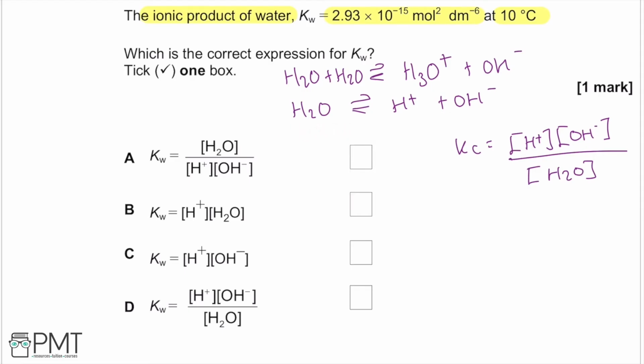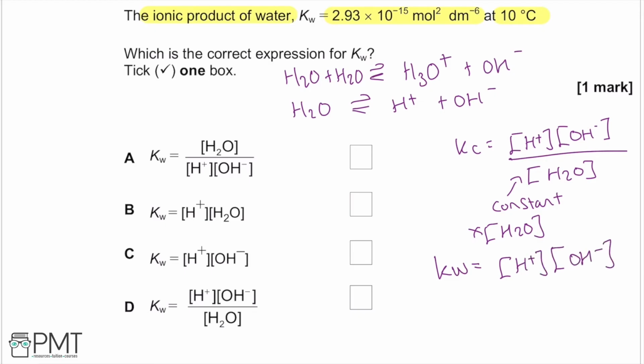Thus, the concentration of H2O is so large compared to the concentration of H plus and OH minus that it is taken as a constant. If we now multiply our first constant Kc by the concentration of H2O, which is now also another constant, we get a new constant with the symbol Kw, which equals the concentration of H plus multiplied by the concentration of OH minus, and this gives us an answer of C.